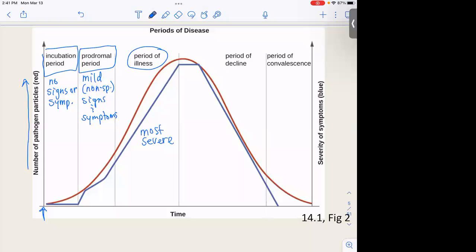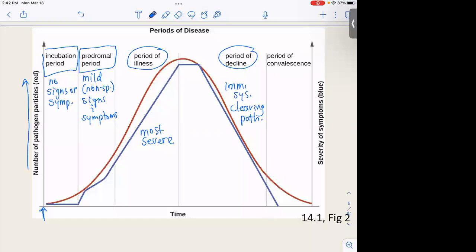Or eventually, hopefully, the immune system is going to start kicking in and killing some of the pathogens. So it enters into a period of decline. Again, the immune system is clearing the pathogen, and signs and symptoms are getting better.